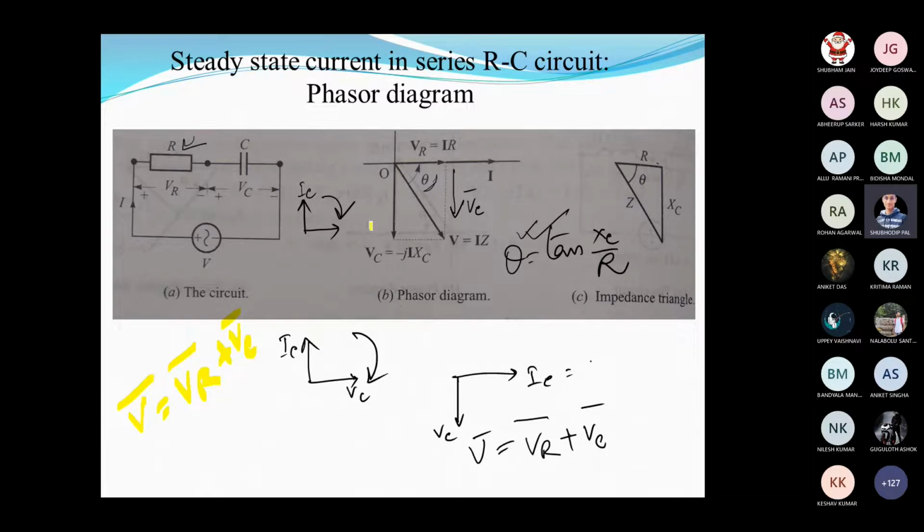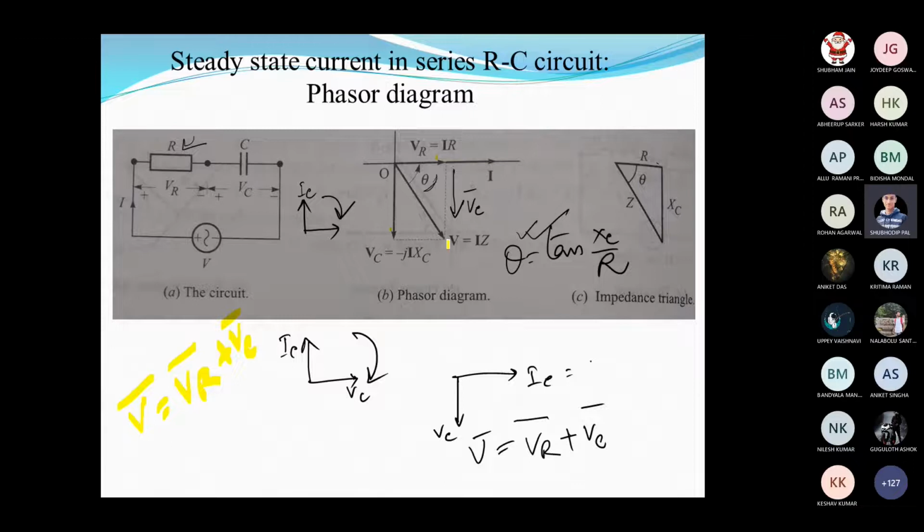As I told you, in a capacitor the current leads the voltage. And the resultant will be like this. This one plus this one, so it is pointing to this one. This is the resultant angle, which is giving the power factor angle.